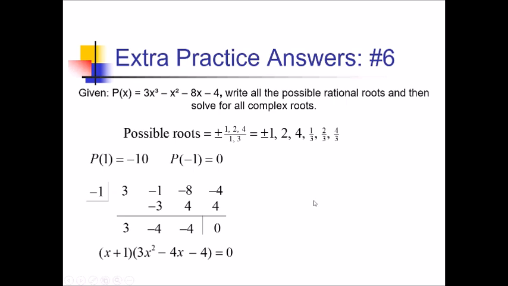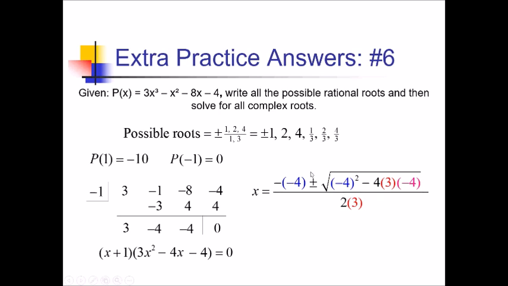We're going to have x equals negative b, so that's going to be negative negative 4, plus or minus the square root of b squared, so plus or minus the square root of negative 4 squared, minus 4ac, so that's minus 4 times the a value 3 times the c value negative 4. All of that over 2 times my a value of 3.